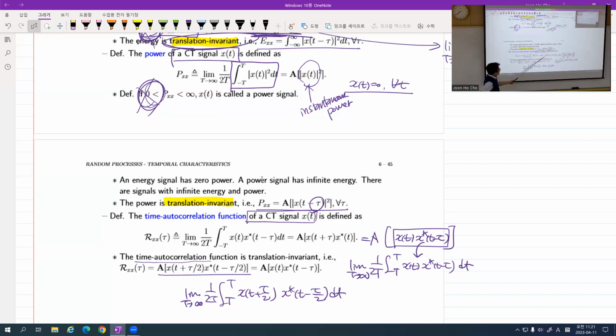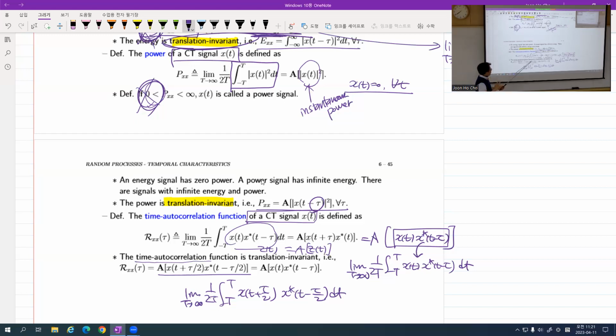And as you see, this is the correct or immediate definition, because you have x of t minus tau conjugate. That is averaged, right? So you can rewrite this part as some g of t, then this is simply the time average of g of t.